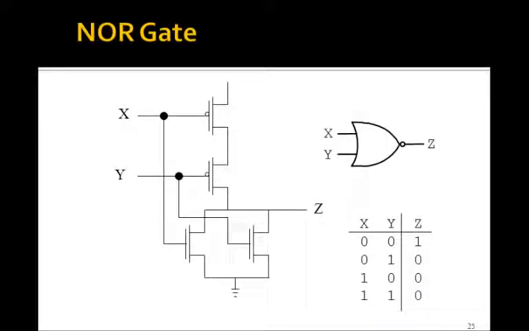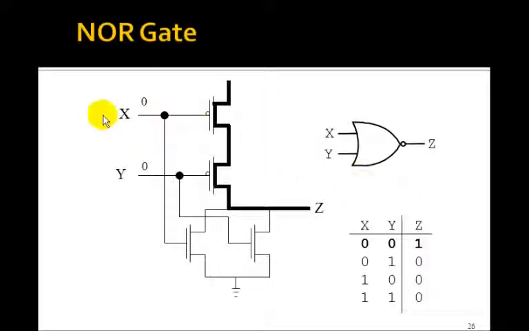Well, before we look at that, let's look at a NOR gate, where we take the 2 PMOS ones and put them in series to 5 volts, and put the 2 NMOS ones in parallel to ground. I claim this is going to give you a NOR gate. Let's see if it does. If they're both 0, then both of these PMOS ones are closed, and we're connected up to 5 volts, which gives you a 1.